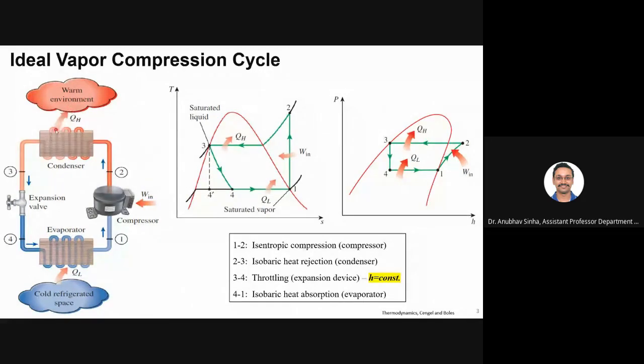So you reject heat to the ambient, which is at a higher temperature, in the condenser, and after that it is passed through an expansion valve. We'll discuss what it does when we go to the cycle, but you can imagine that it is like a throttling device. So the fluid is throttled through the expansion valve, and then finally it comes to the evaporator.